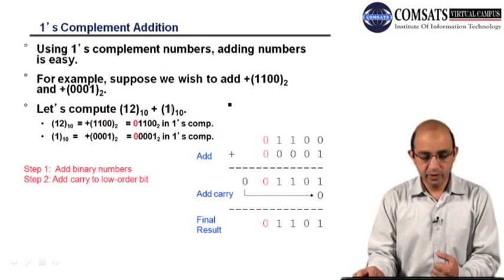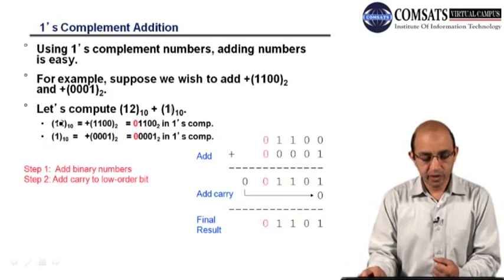Okay, so let's have examples if we have to perform addition by using 1's complement. We have two numbers that have to be added. So this is 12, and because this is positive, we have 0 over here, and this is 1, and we have 0 over here. We will straight away add those numbers, and if there is no carry, we add the carry here, because no carry, so 0, so we get the same result.